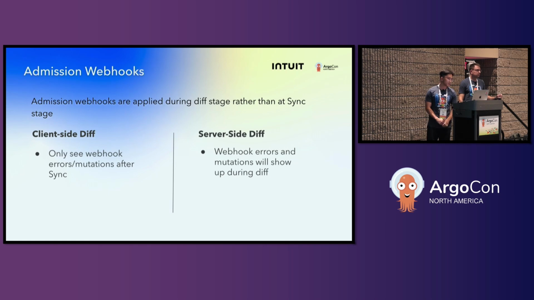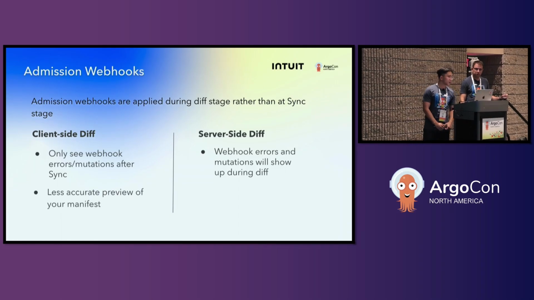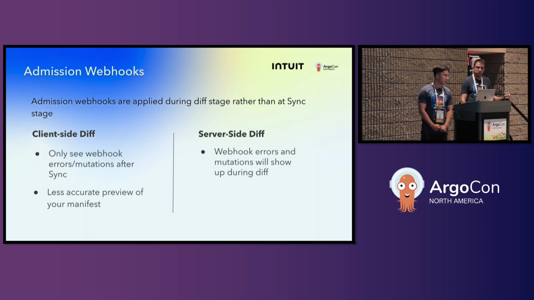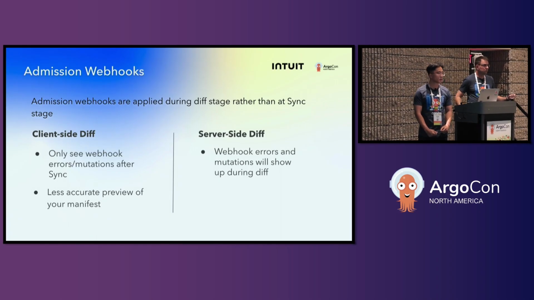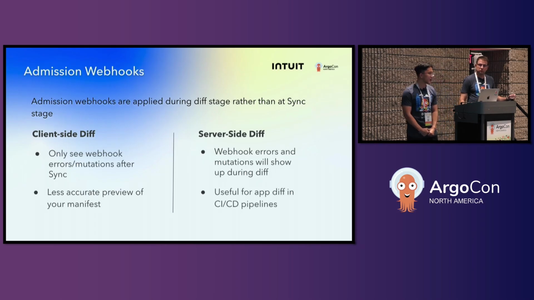And with server-side diff, we would see those errors, and we wouldn't see those mutations by default, but there is an annotation where we can enable it if the user wants. With client-side diff, we get a little bit less accurate preview of our manifest, as we don't have these webhooks participating in the diff. And also there's an app diff command, which we can actually use those validation webhooks to our advantage in our CI/CD pipelines.